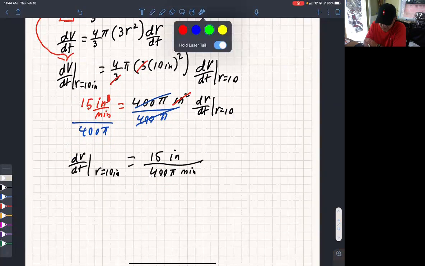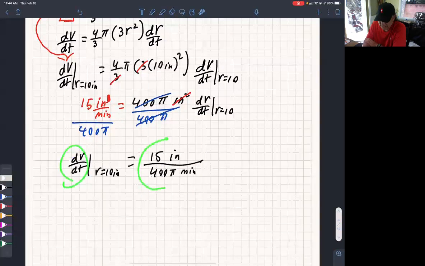Does it make sense that r is increasing because the rate's positive? It does, because if you're putting more air into the balloon, it's increasing. Now let's look at the units. The radius is increasing in inches per minute, which makes sense because the length of the radius would have the units of inches. So that is the problem. We're done.